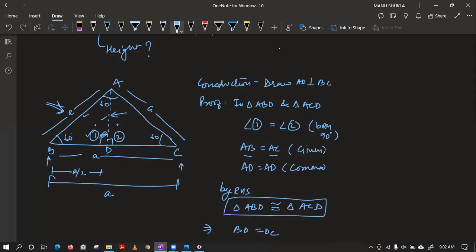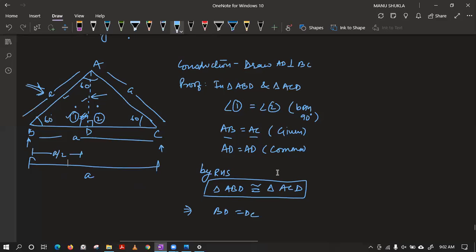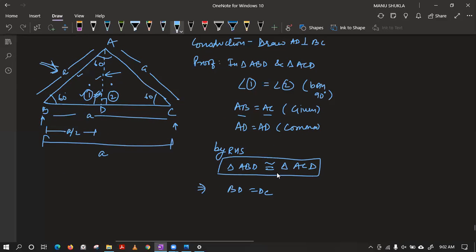Very good. So now we have got a right angle triangle, its base and hypotenuse. This is equal to A upon 2. Now class, you must be remembering the area of triangle is given by half into base into height. So now we have got the base of the triangle that we are looking for.